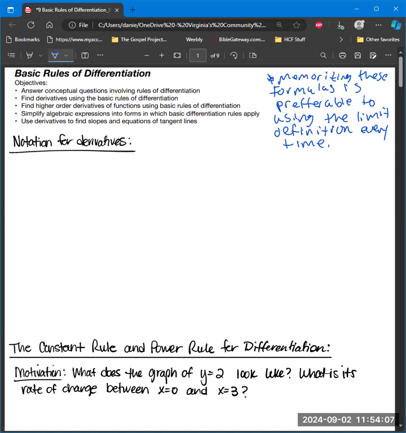So again, coming back to our notation here, y prime or f prime of x. This is our prime notation for our derivatives. We can also take the derivative to be these straight back d's like that.